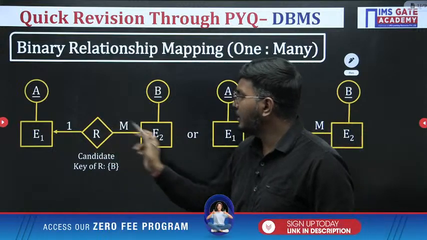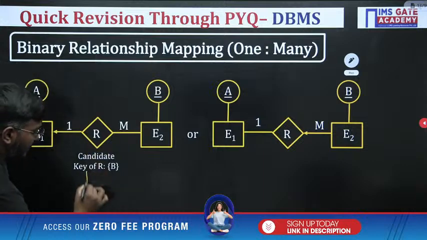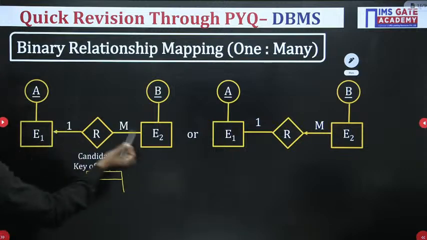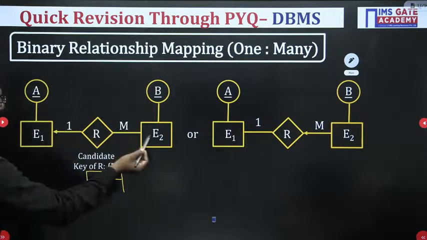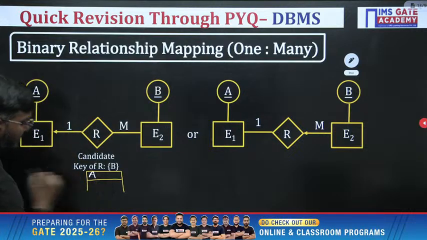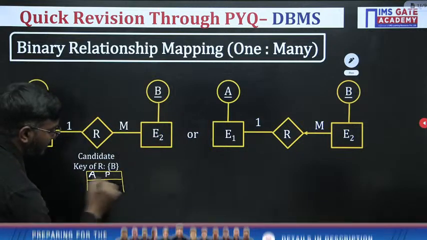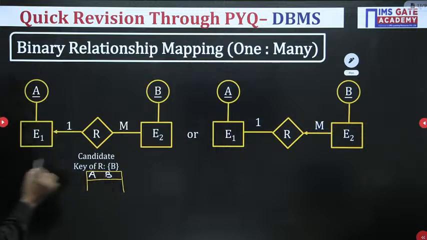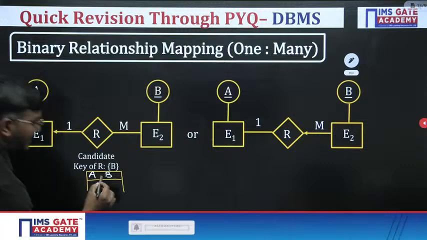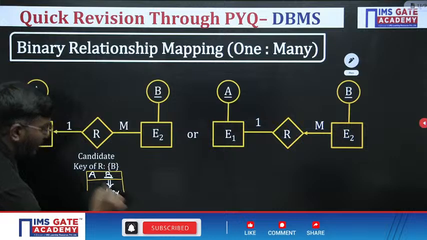So if the mapping is one to many, then in the relationship set, how many attributes will be there? The attributes will be the key attributes of both the participating entity sets. So it will take the attribute A from the entity set E1, and the attribute B from the entity set E2. Understood? As per the data mapping we have understood, because this is a one to many mapping, B becomes the key attribute for the relationship set.